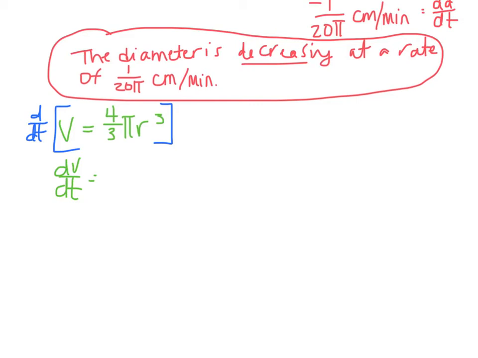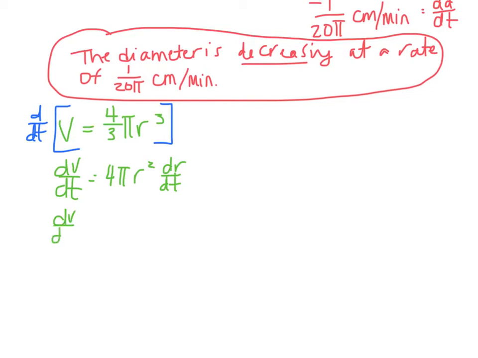So we're going to multiply that times 3. 3 times 4/3 would just be 4 pi, and then r squared, decrease the exponent, times the derivative of the radius with respect to time. So that's our dv dt. Now taking a look at all the pieces, what do I need in order to fully evaluate dv dt? Looks like I need my radius and I need dr dt. Looking back up at the problem, I know both of those pieces.